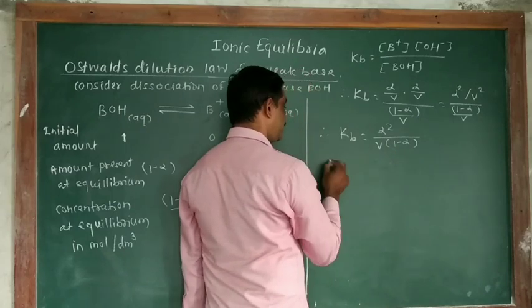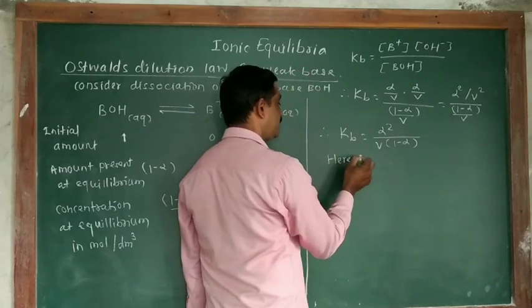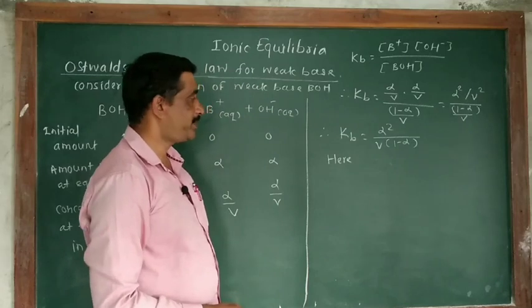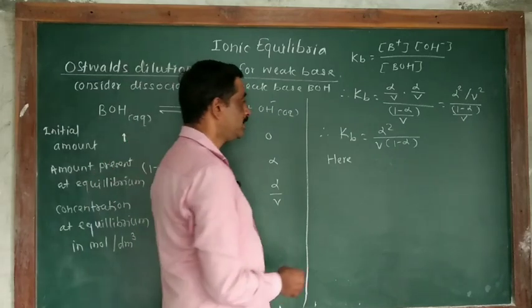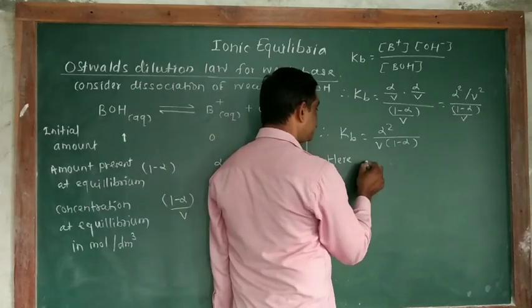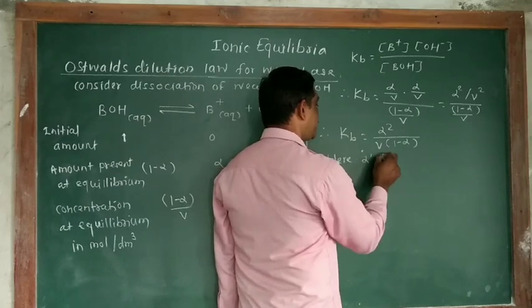In this equation, BOH is the weak base, and hence alpha is very small.